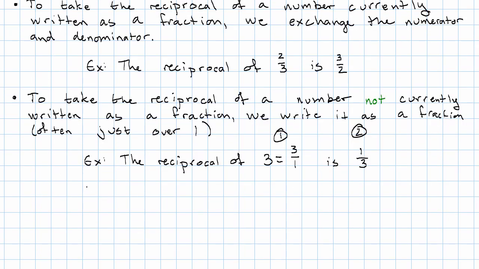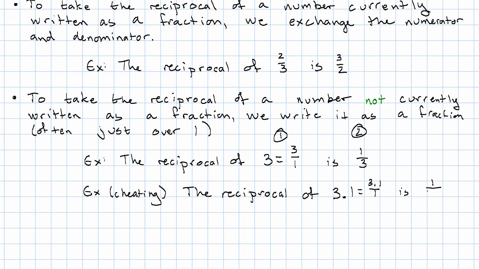First, write it as a fraction, then take the reciprocal. Now, we can also cheat and do this with a decimal. We can write 3.1, for example, as 3.1 over 1, and then take its reciprocal as 1 over 3.1.